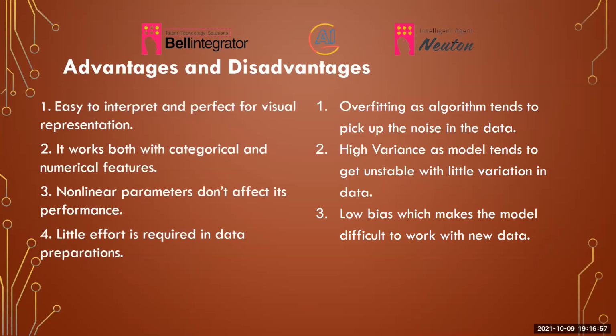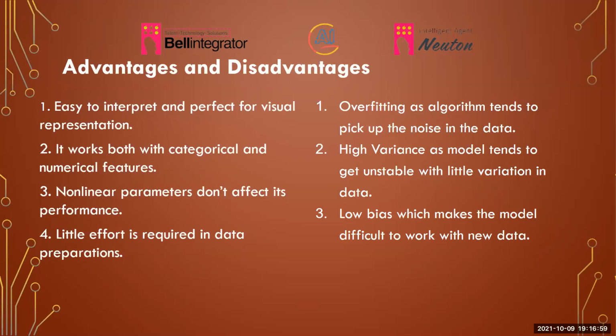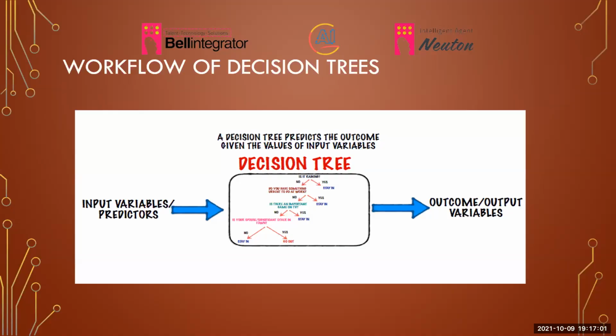Now that we know the pros and cons of it, let's see how it works. As I said, it's a white box. You can see how your decision tree is working, and you give input variables and you get your output variables, or predictors or features. You can call it with any name.